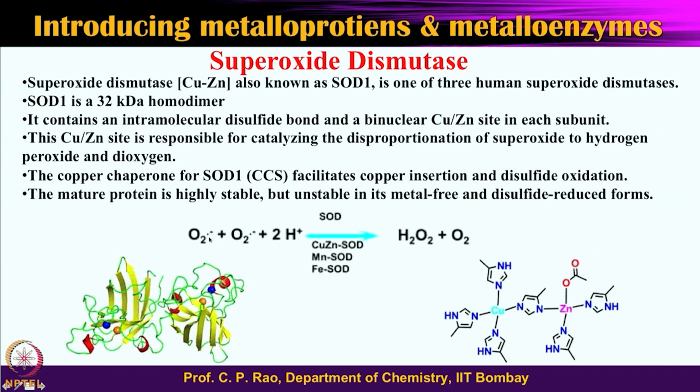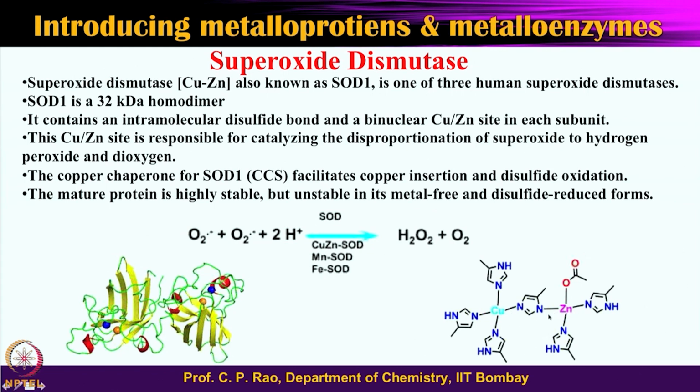So, in the superoxide dismutase, we have seen several times this reaction: O2 minus dot plus O2 minus dot plus 2H plus gives H2O2 plus O2. It is a dimer, one monomer here, one there, and there are two metal ions, one zinc, one copper. And how is this bridged? Unlike the previous case of two copper centers, with nothing bridging in type 3, there is a bridging here.